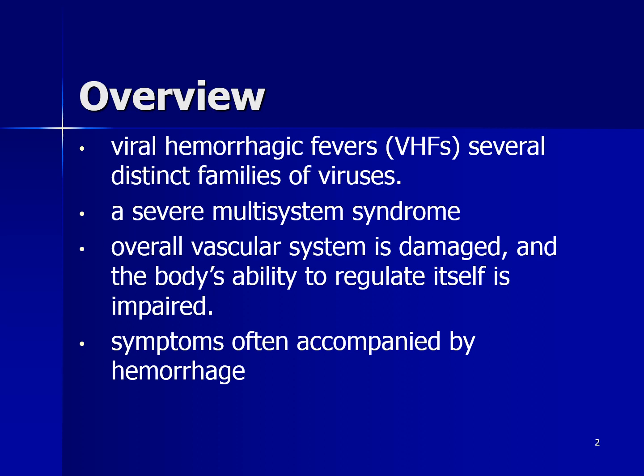When this microvasculature is damaged, it becomes difficult for the body to regulate itself, and the symptoms are often related to hemorrhage in severe cases, not in the mild cases, and it can be fatal.